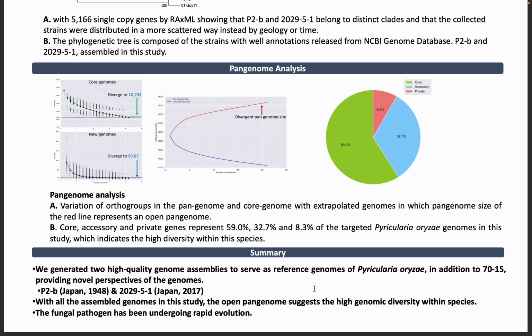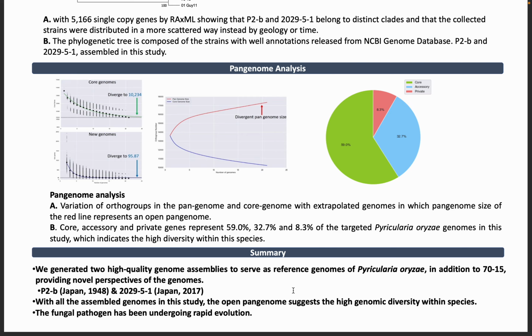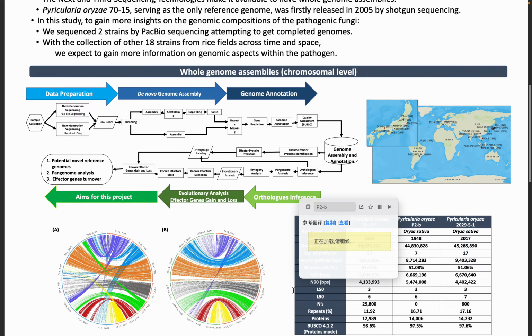Based on the above suggestions and the reference, we can assume that the fungal pathogen has been undergoing rapid evolution, and based on the results that we have for now, we can have further research.